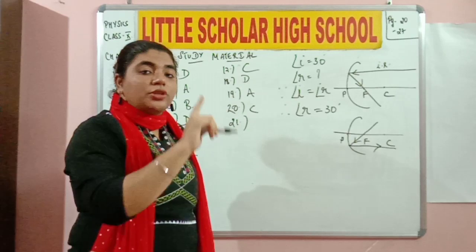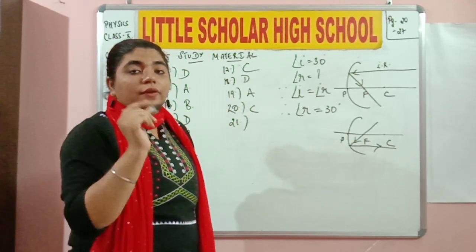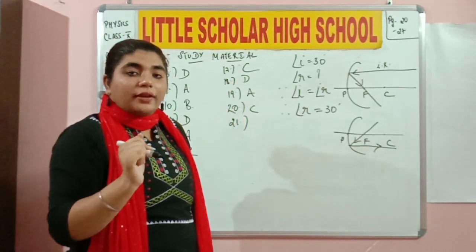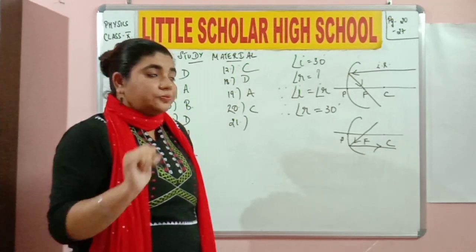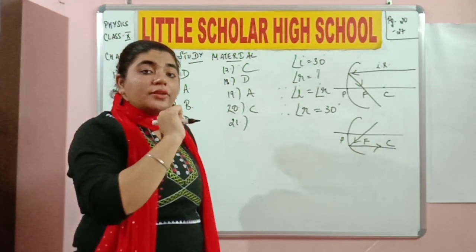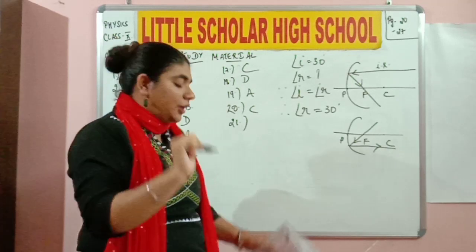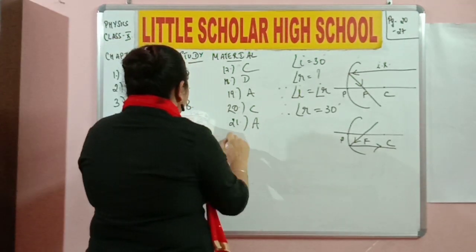The parallel rays coming from infinity and the focus always go hand in hand. If the object is placed at infinity, the image is going to be formed at the focus. This means the reflected ray is going to pass through the focus. If the object is placed at the focus, the reflected ray is going to be parallel to the principal axis and the image is going to be formed at infinity. Okay, so 21st one is option A.